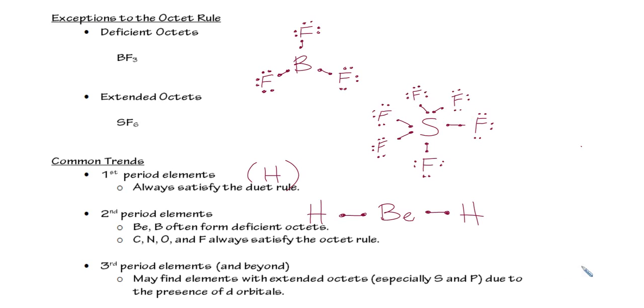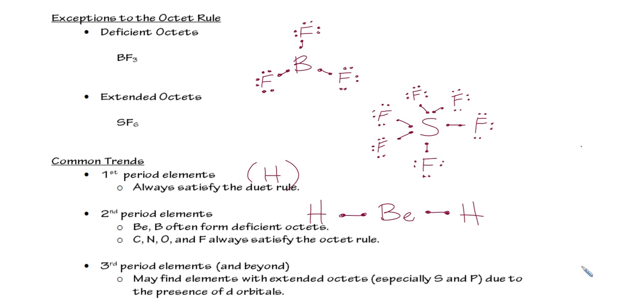Sulfur hexafluoride. Don't overthink it. If there are 6 valence electrons and you got 6 fluorines, just throw them on the sulfur. Perfect. Sulfur has an extended octet. It's carrying more than 8. It's got 2, 4, 6, 8, 10, 12 valence electrons. And you know what? That's okay.